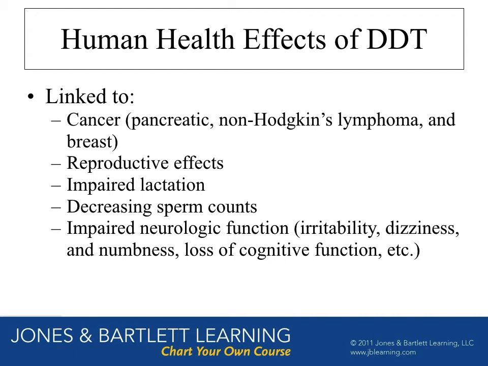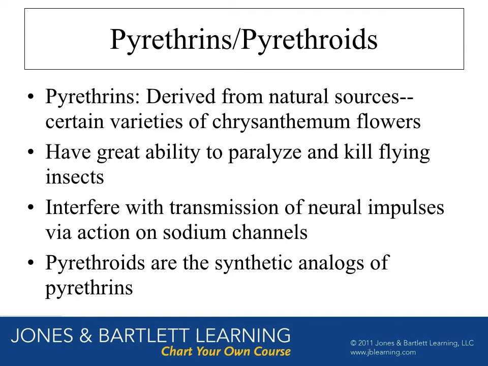Now, we'll talk in a few minutes about those things in the environment, organic chemicals we consider to be endocrine disrupting chemicals, and DDT falls in this category. So there are other effects when you talk about DDT other than just these. It can be linked to the reproductive effects and some of the other things, but very persistent in the environment, and a wide range of effects that it has.